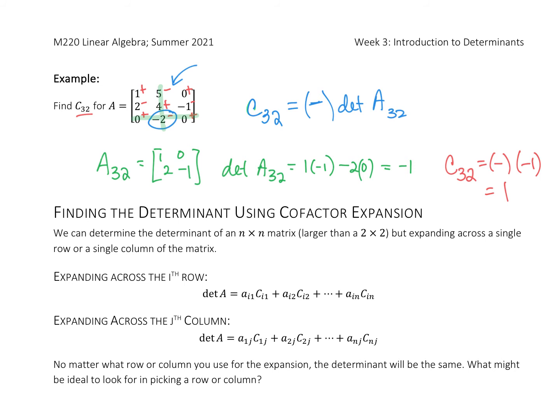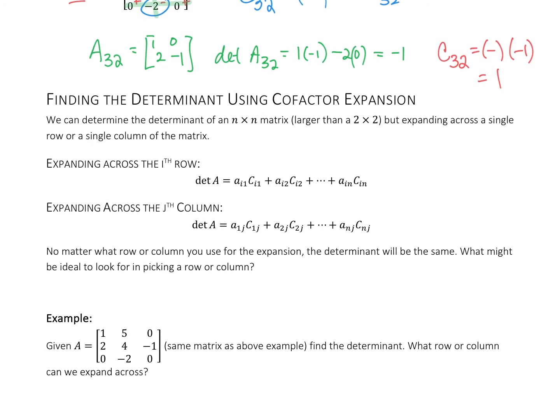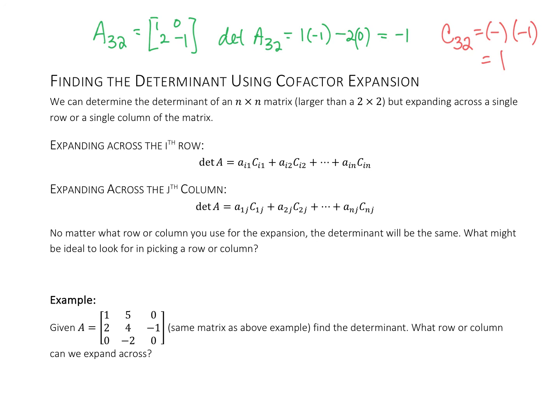So for the determinant of A, if we go across the ith row, here these would be our i's, these would be our j's. Across the ith row means that we're going to take whatever's in that row.